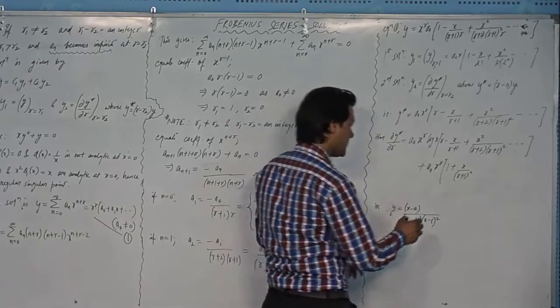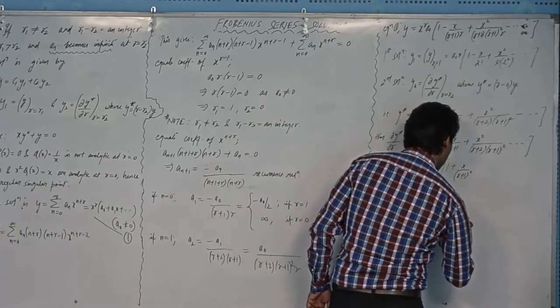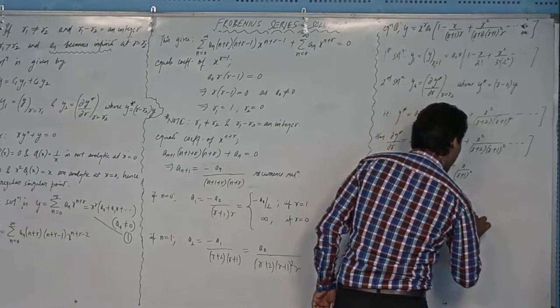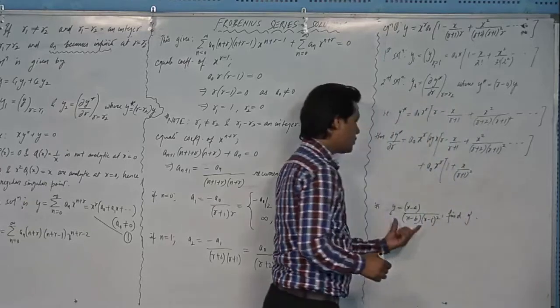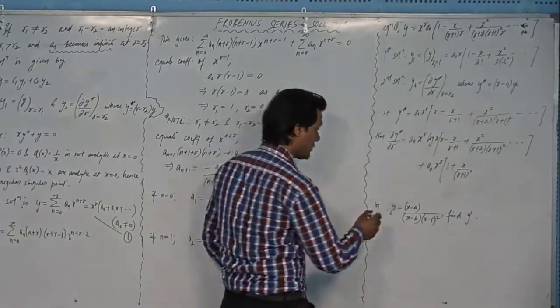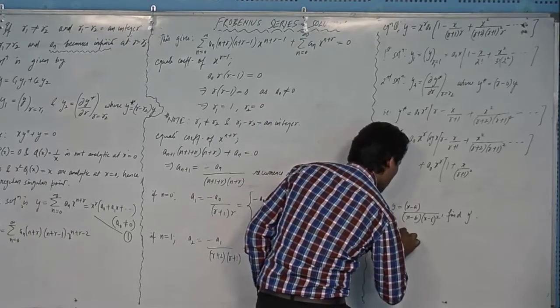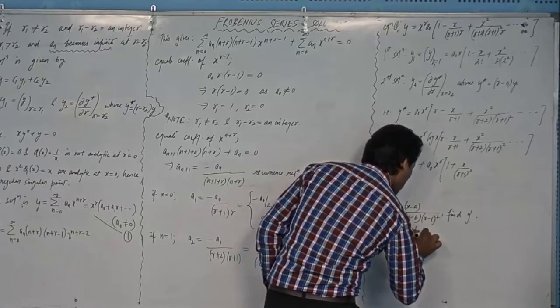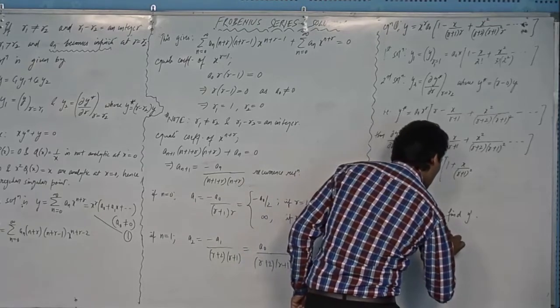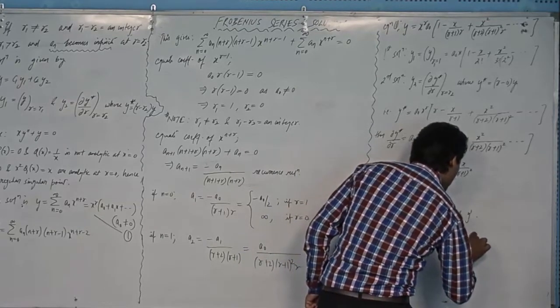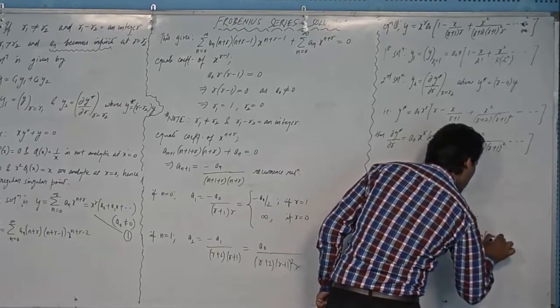So in order to find y dash, you want to obtain its derivative, so you take log on both sides. Then you will get log x minus a minus log x minus b minus twice of log x minus c.